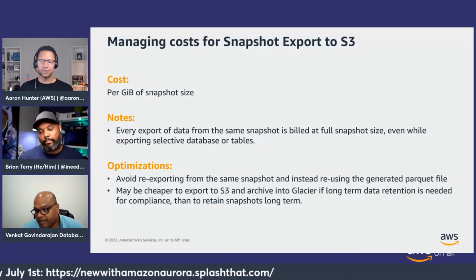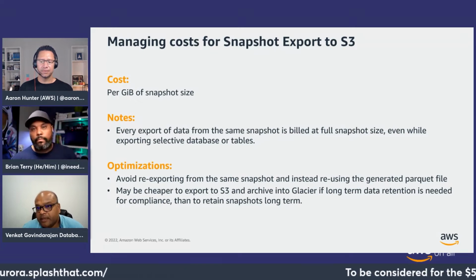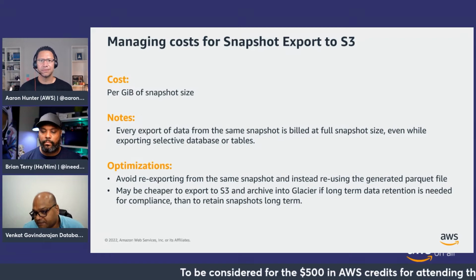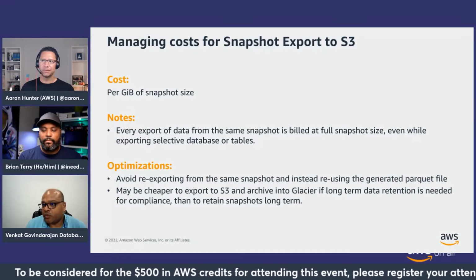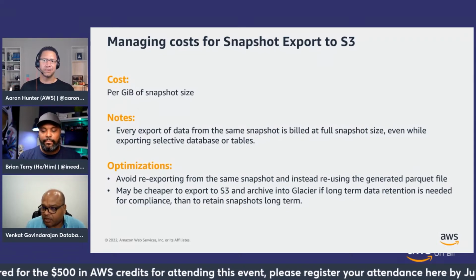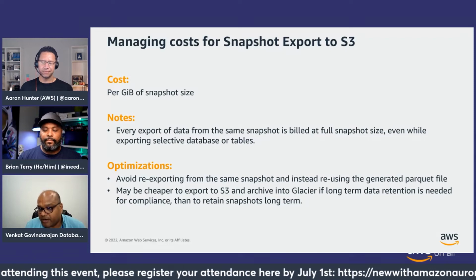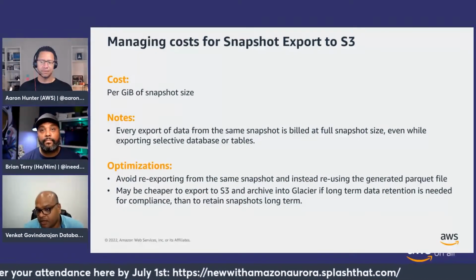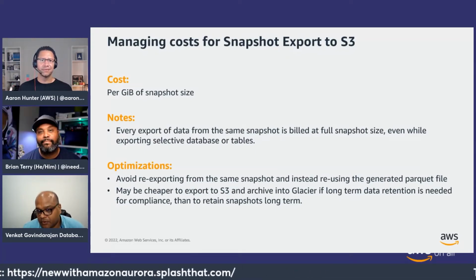You might think that you're doing only one small table, but you're actually getting charged for the entire snapshot size. So once you have already exported it, don't re-export it, reuse whatever is there, so that you reduce the cost associated with the snapshot size.